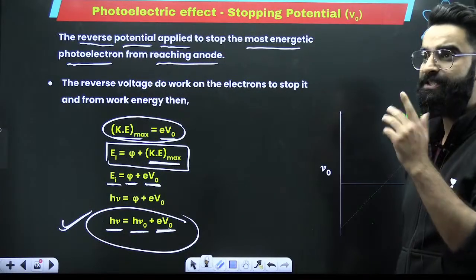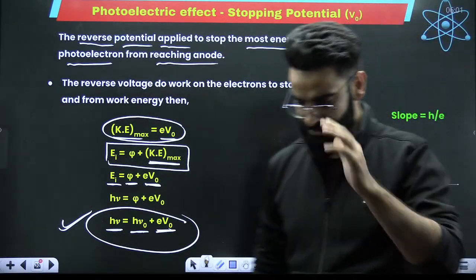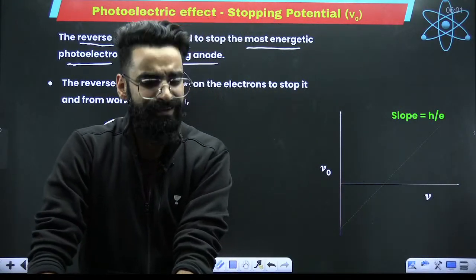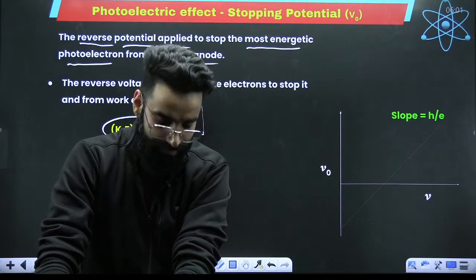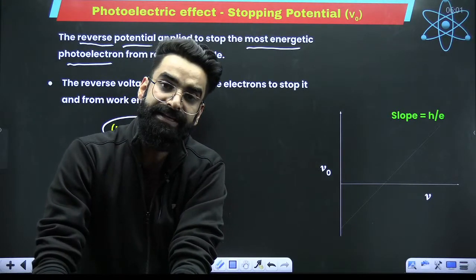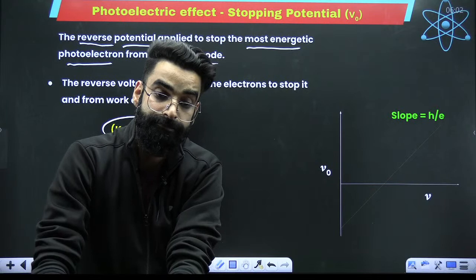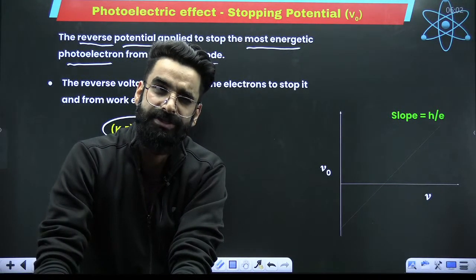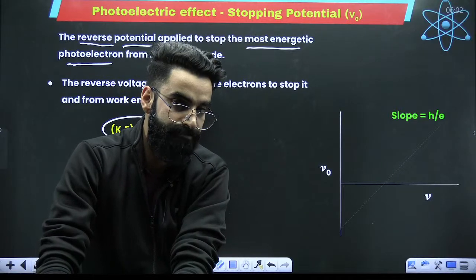Now, my dear students, try to understand one thing. Let me keep it simple. If you increase the frequency of the incident photon, that means the energy of the incident photon will increase, right?